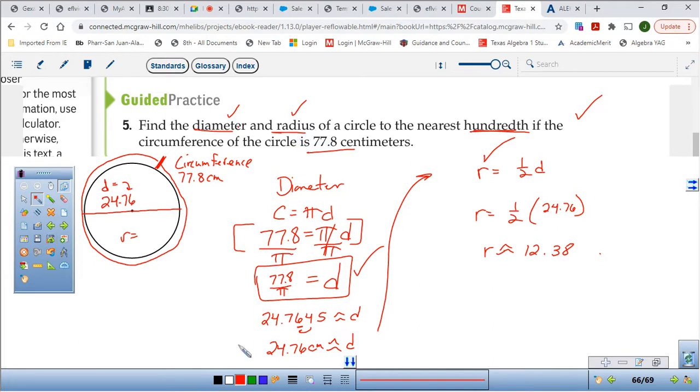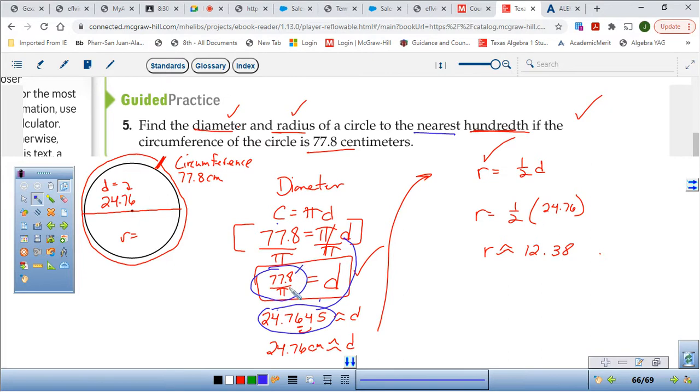Now, I want to tell you this much. If I plug this number in here and multiply it times the diameter, or my pi, it's not going to give me this answer. It's going to give me an approximate, because, remember, we approximated it. So a lot of these, when you read the STAR test questions, they're going to say the closest, or the nearest, because we're always going to round, unless they want the exact, and this would be your exact answer right there.